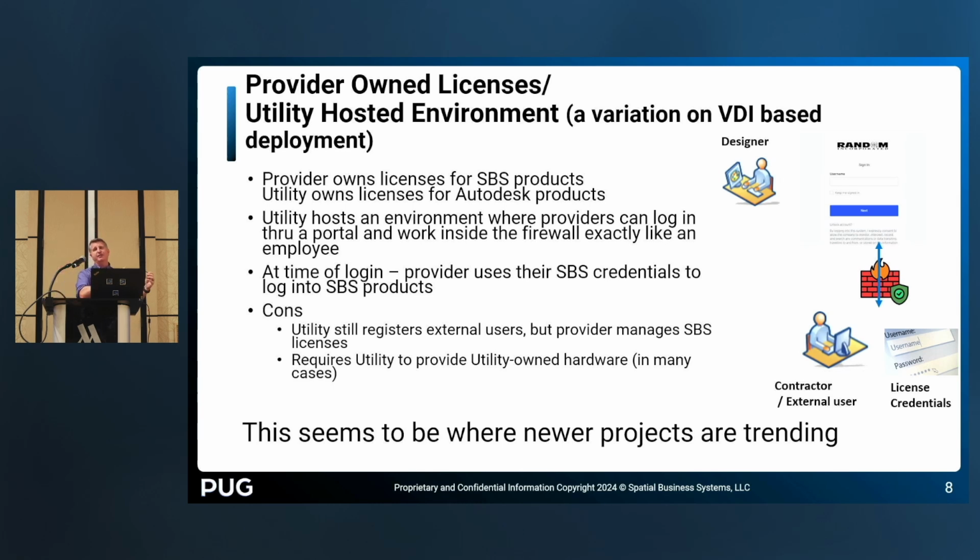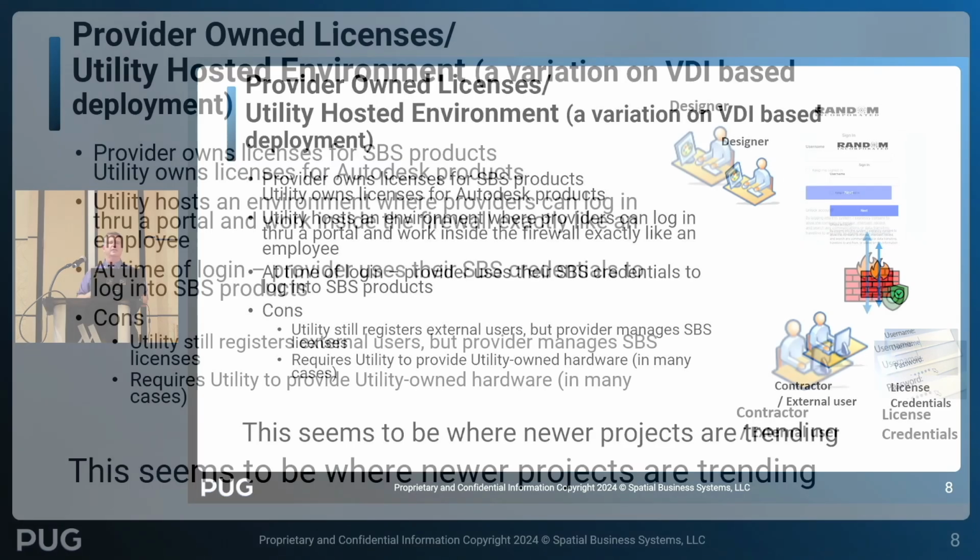Even though you may have logged into the portal with an SCE address or a Hydro One address or whatever address, when you put your credentials in for the SBS licensing, you use your contractor email, and it uses one of your contractor licenses. So this is a newer twist on the VDI that we've been seeing a lot lately. And there's been a lot of push to have providers have their own licenses of SBS software.